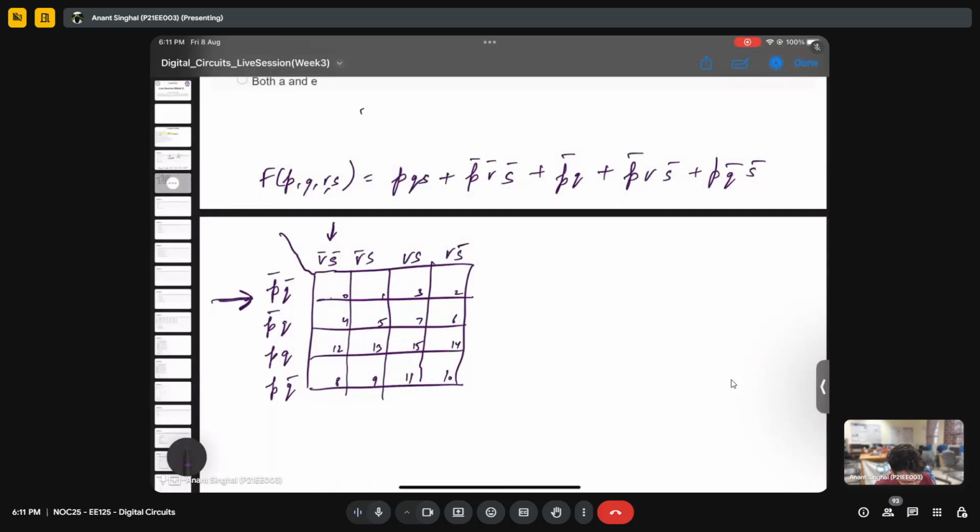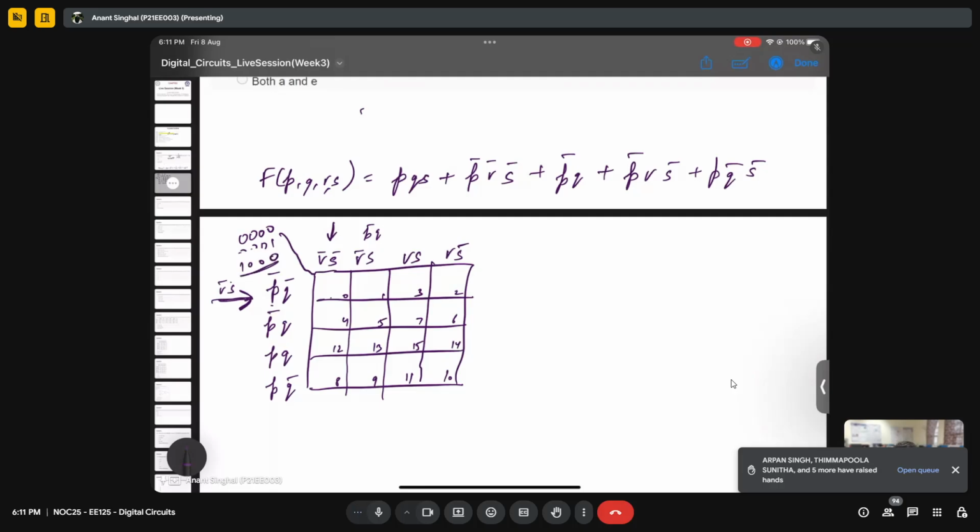Because the first number that you see is bar, which means 0, right? So the first number will be 0 0 and then 0 0. Then the second number will be 0 0 and R bar S means 0 1. That is how these combinations are made. If you just replace that, let's say you have written R bar S bar here and, for example, P bar Q here, this number would have become 0 1 0 0, because the function has to be written in the order of PQRS.